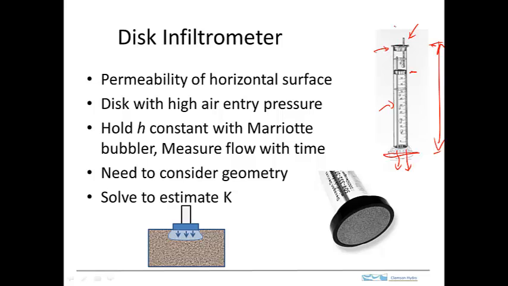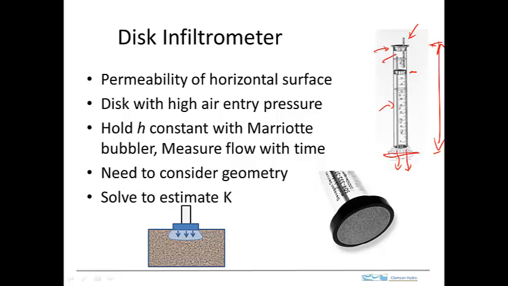So remember when I explained how the Marriott bubbler worked, I was assuming that bubbler tube was at atmospheric pressure. Well, this mini disc infiltrometer is a pretty clever design because the upper Marriott bubbler is used to create a suction for the bubbler tube for the lower Marriott bubbler.